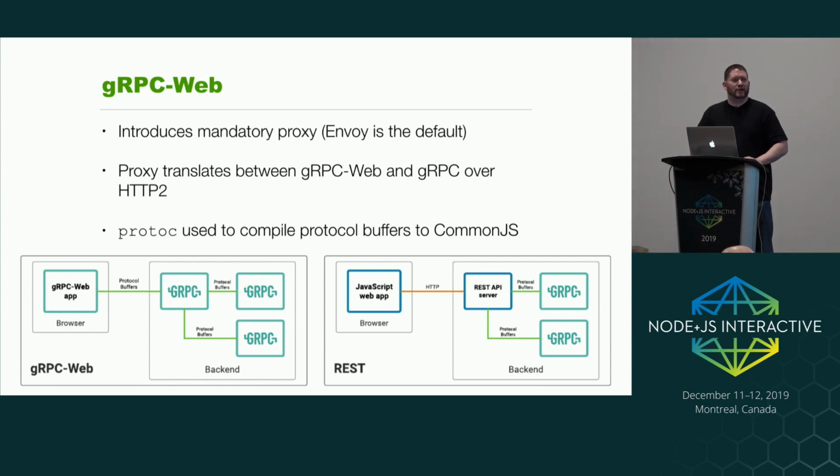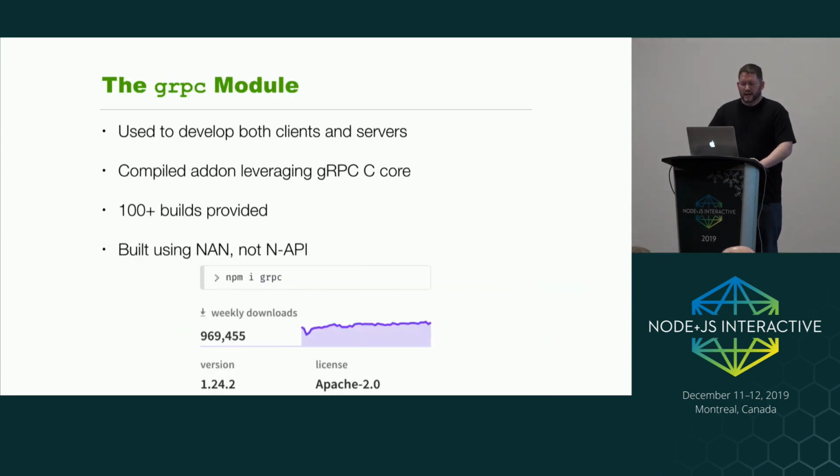But like I was saying earlier, at least our team had use cases outside of just the browser. So gRPC Web wasn't really an option for us, and I don't think it was actually considered production ready at the time. So we looked at the gRPC module. This builds on top of a C core, so it's a native compiled add-on.